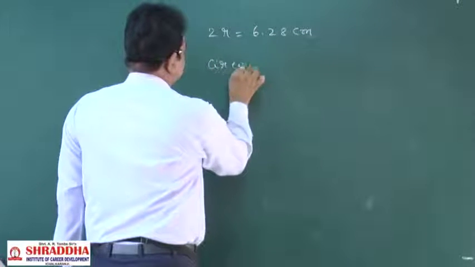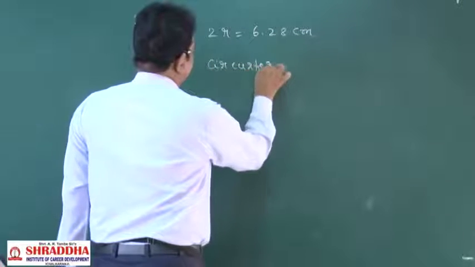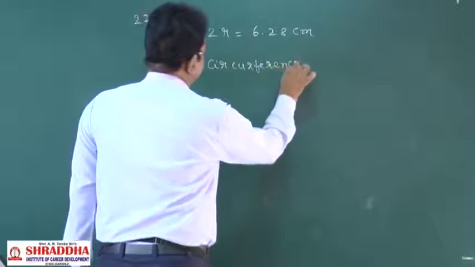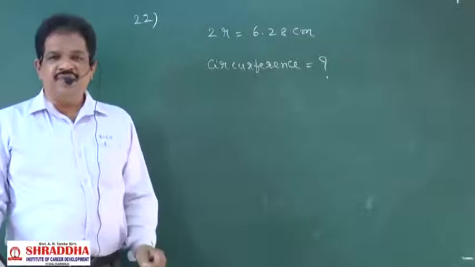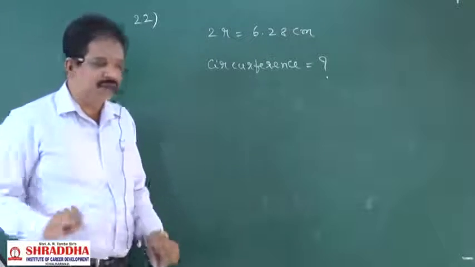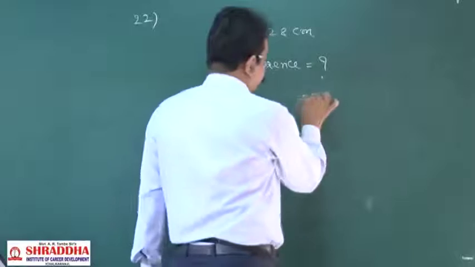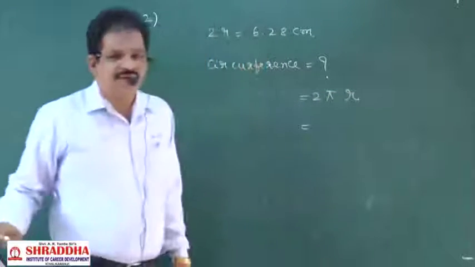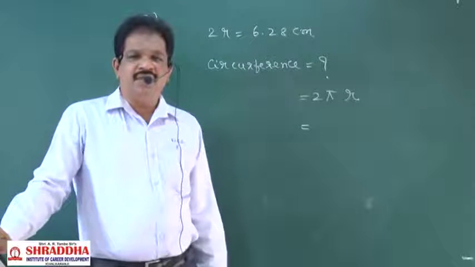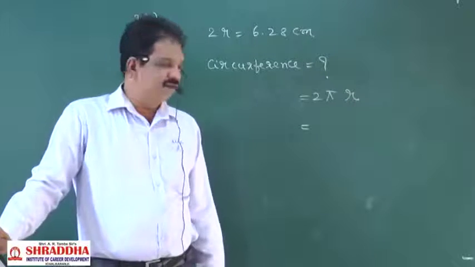What is the circumference? The circumference formula is 2 pi r.